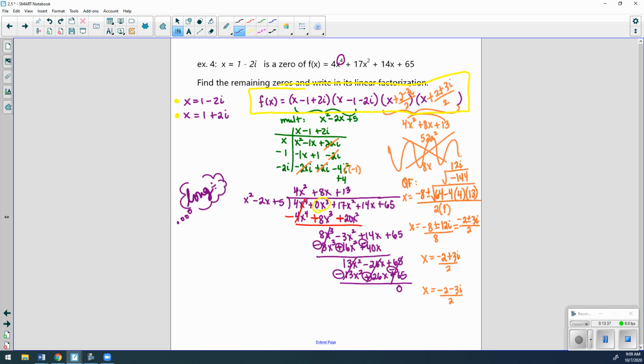After I multiplied those two complex zeros together, I did long division to come up with this part, which I then factored into two zeros and then turned into factors. Actually, I didn't factor. Technically, I used the quadratic formula because 4x squared plus 8x plus 13 can't be factored. Okay, we did a lot of work there. Hopefully you've got good notes and you followed along.